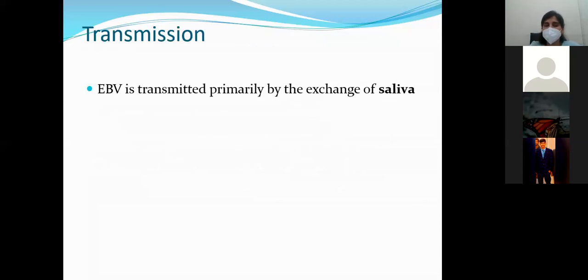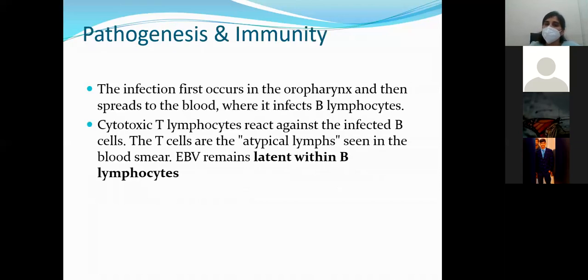Transmission. Epstein-Barr virus is transmitted primarily by the exchange of saliva. Pathogenesis and immunity. The infection first occurs in the nasopharynx, then it goes into the blood, where it infects the B lymphocytes.